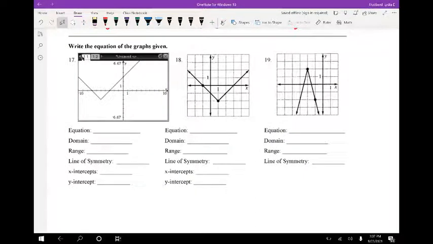So now we are going to write the equation of a graph. So the first thing we're going to need to identify is the vertex. So that would probably help us the most as we want to go into our equation. So maybe the starting point for that should be figuring out what our line of symmetry is. So our line of symmetry is happening through here, right?